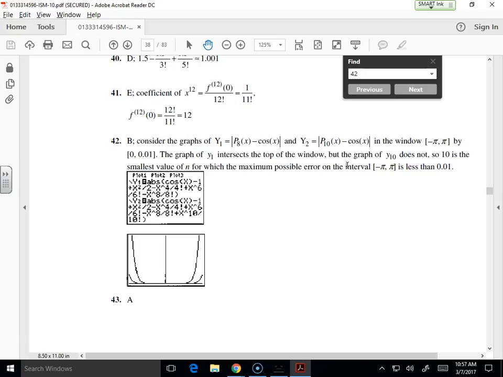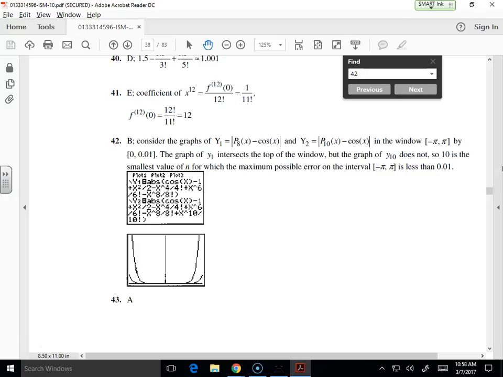They use the graphing calculator. They cheated and used the graph, because that took a long time to type it all in.